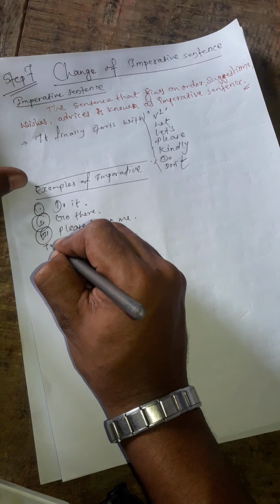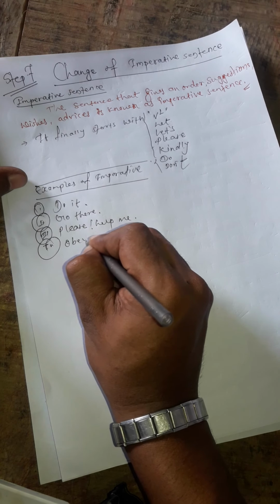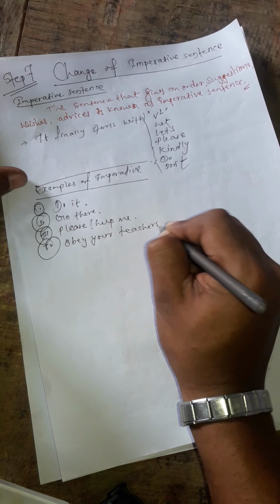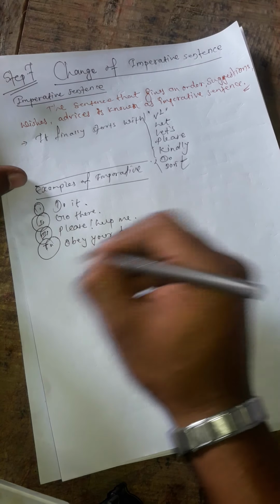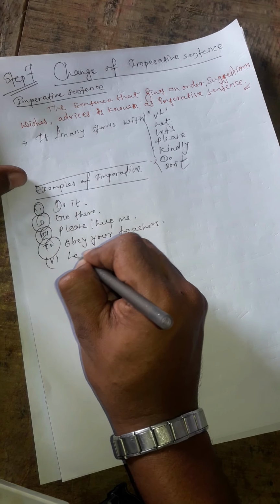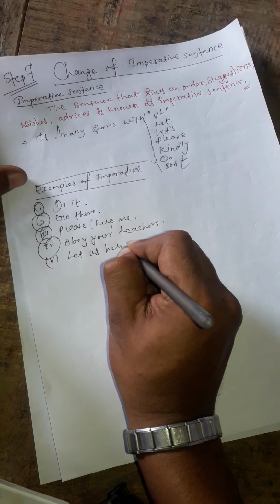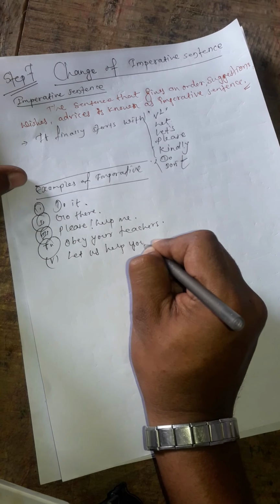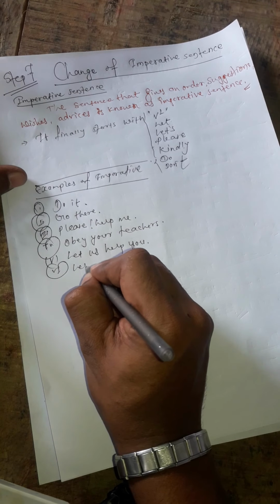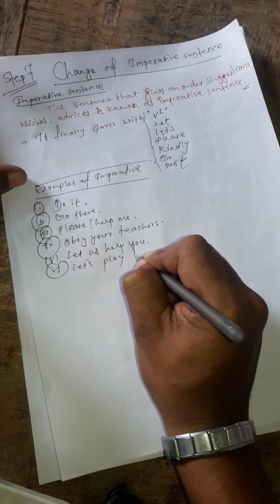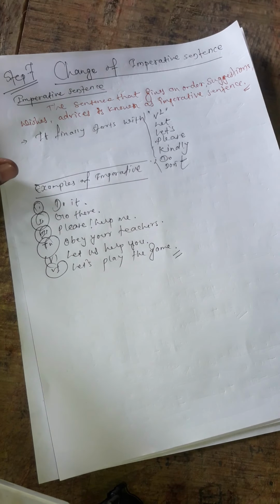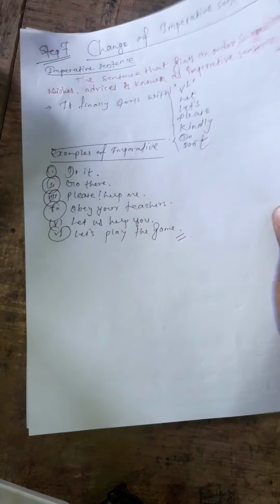Imperative sentence. Obey your teachers. Imperative sentence. Let us help you. Imperative sentence. Let's play the game. Imperative sentence. They all are examples of imperative sentence.